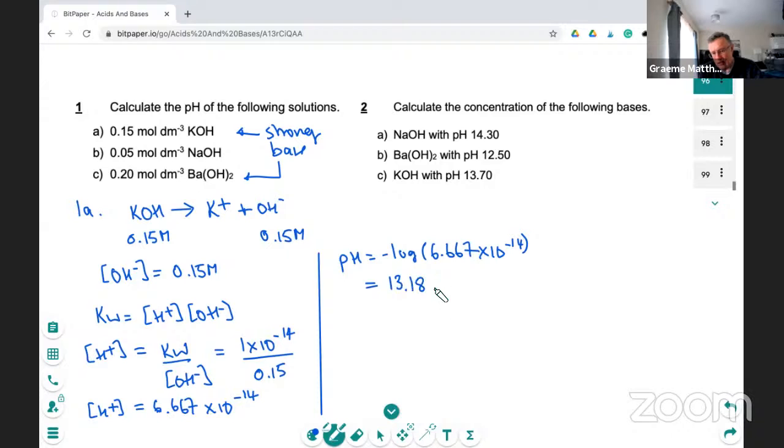Now again, does that make sense? Well, yes, it's a strong base, so therefore the pH must be greater than 7. Okay, so this is this one.